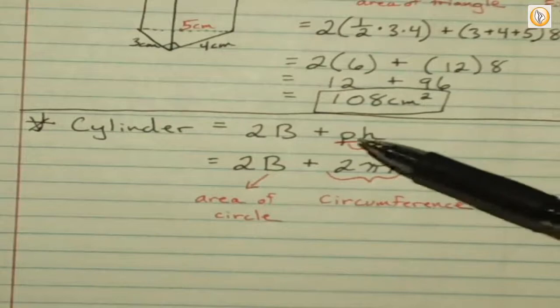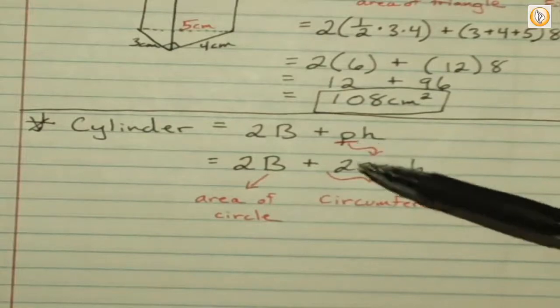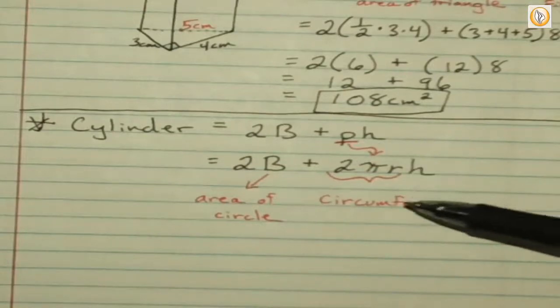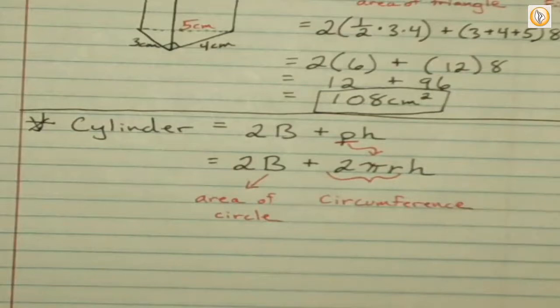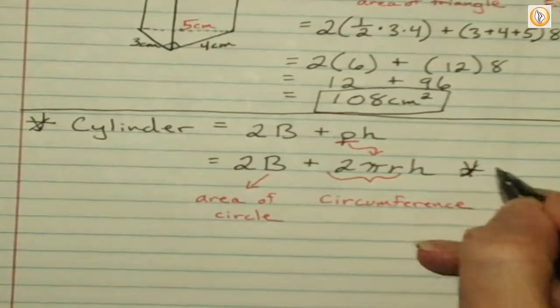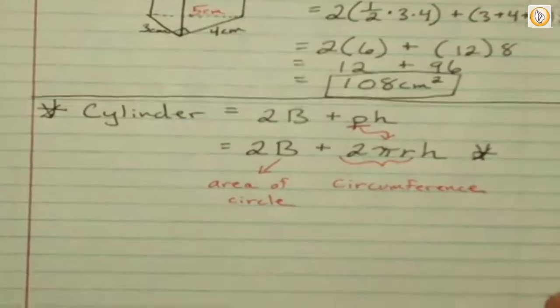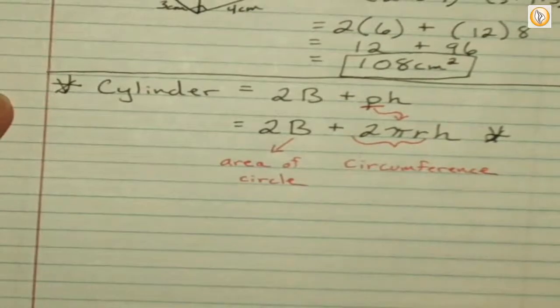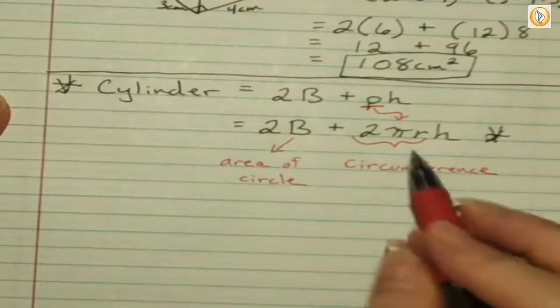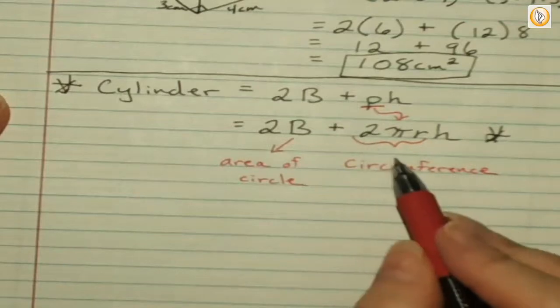Because when we're dealing with cylinders, we're not dealing with perimeter, we're actually dealing with circumference. So this is the formula that you basically use. Y'all understand this part right here?